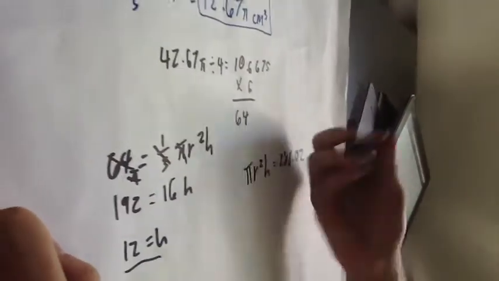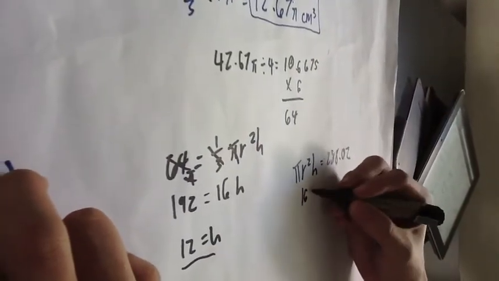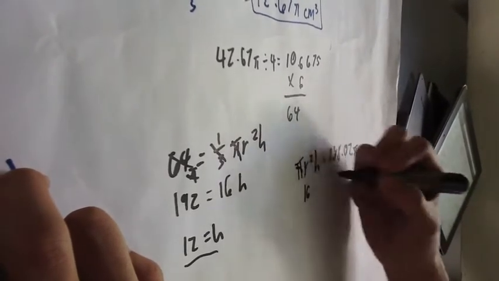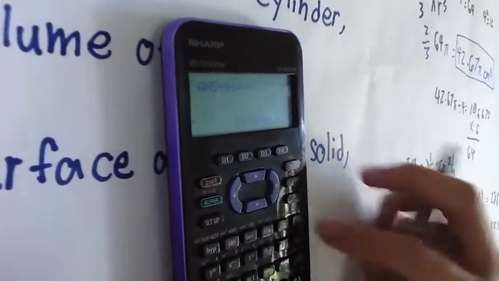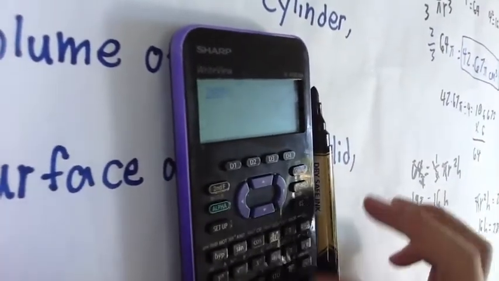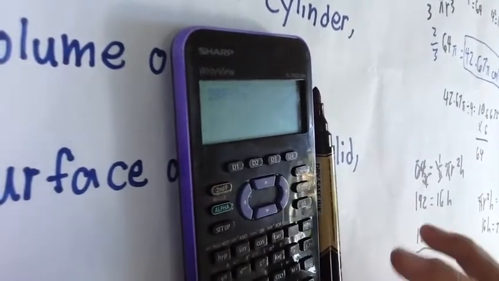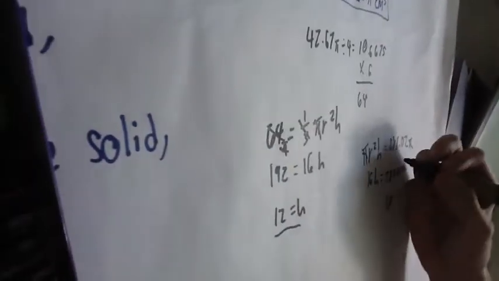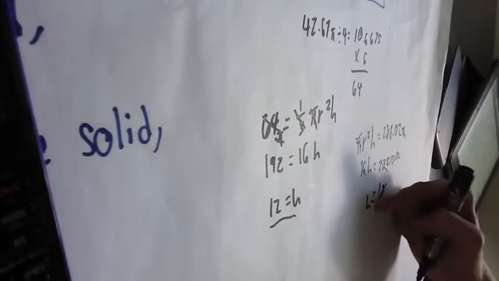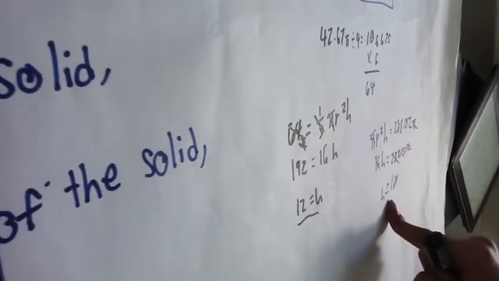R squared is 16 again, and then pi, so let's just cancel that out, and height is 288.02 divided by 16, which is 18. So 18 is the height of the cylinder. Let's write that down.